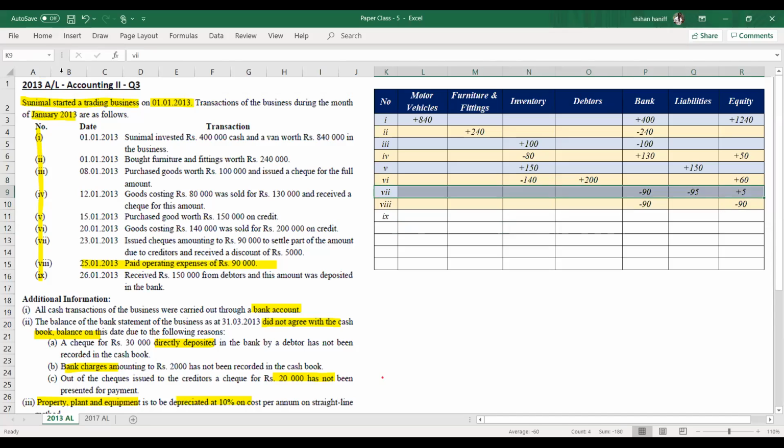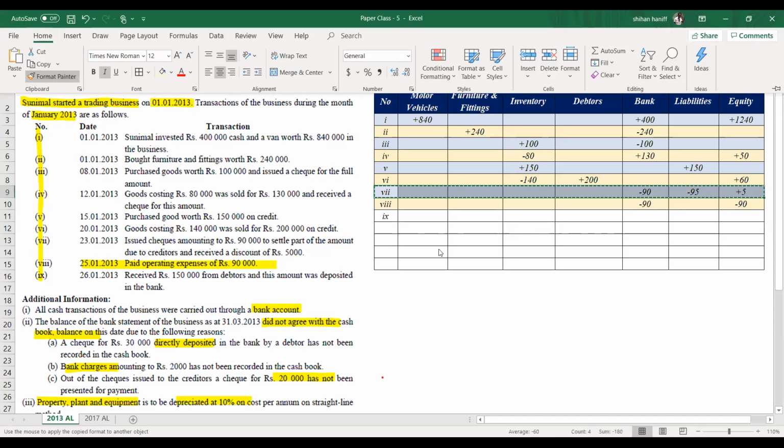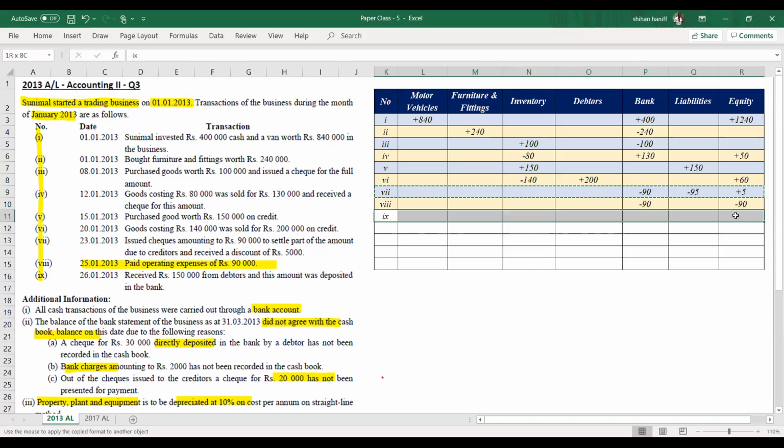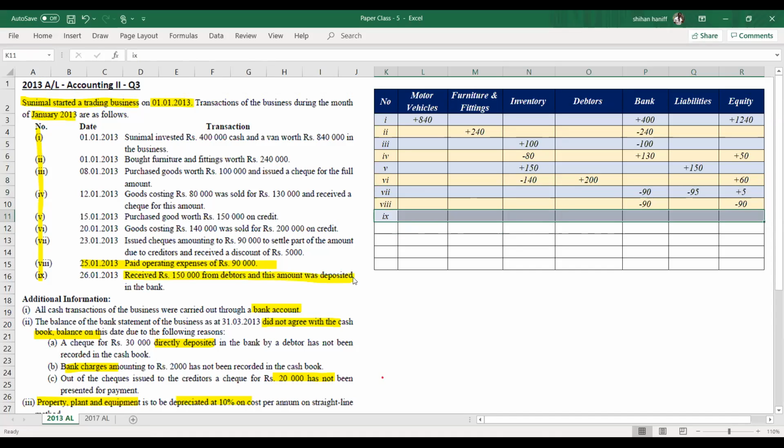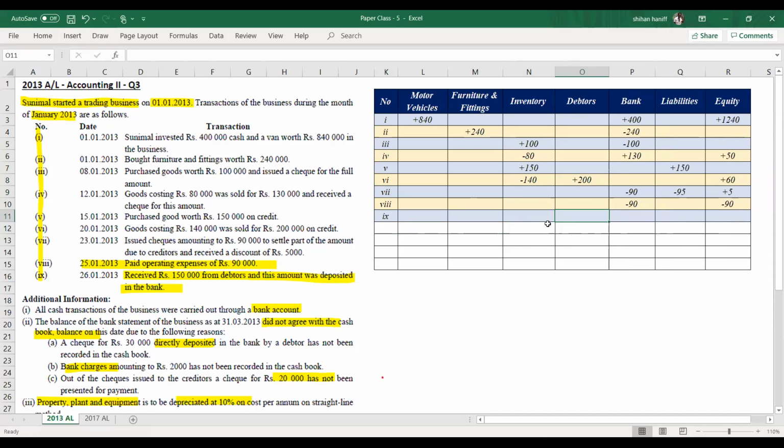Then finally, we have the transaction: received 150 from the debtors and this amount was deposited in the bank. So debtors will reduce by 150. The bank balance will increase by 150.